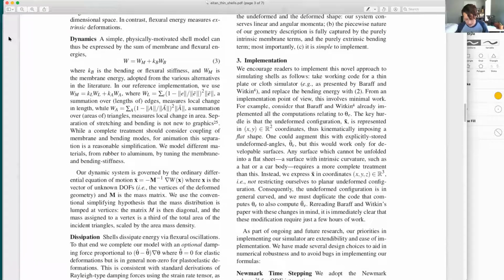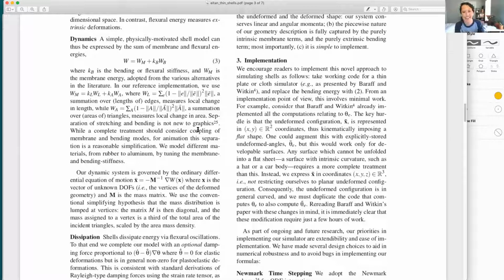This type of setup is really common in graphics. I'm hoping that at some point, maybe later in the semester, I'll be able to show you a different project that I worked on that uses almost the exact same methodology, which is coming up with an energy functional, discretizing that energy functional, figuring out a way to turn it into a big linear system, and then solving for the new positions of the points.